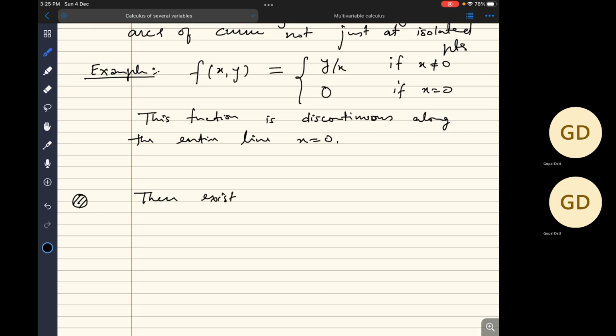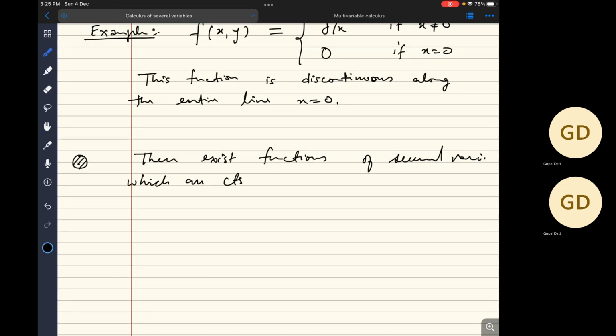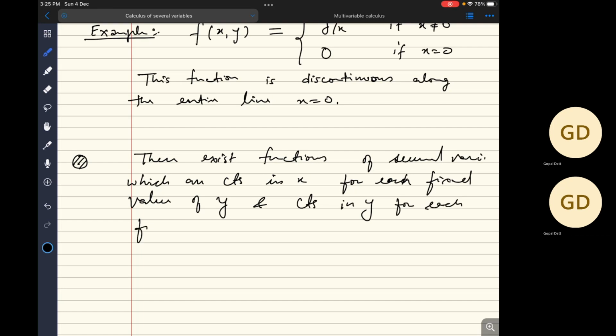There exist functions of several variables which are continuous in x for each fixed value of y, and similarly continuous in y for each fixed value of x.